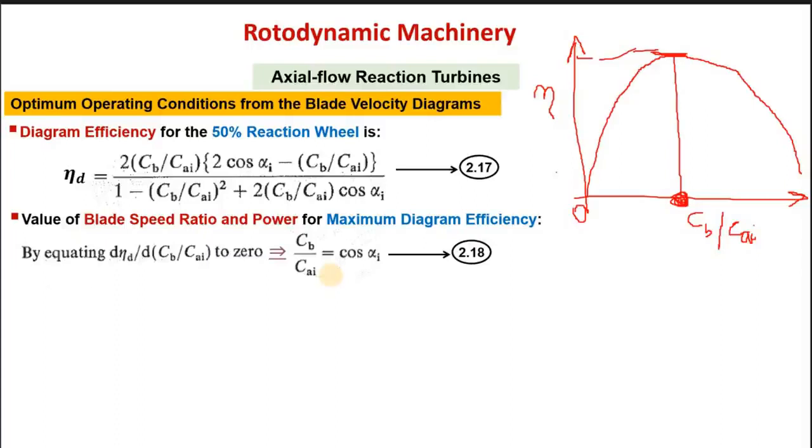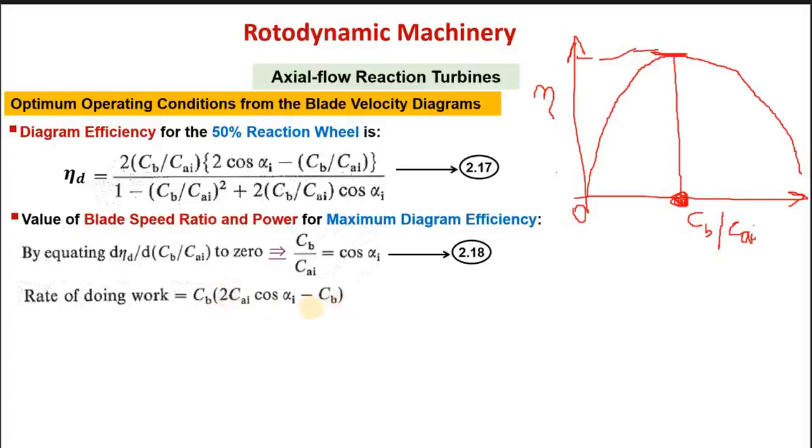So now let's move on. Now we can calculate the optimum power corresponding to this point, or maximum power which we can get. So this is the equation which was derived for 50% reaction turbine, CB into delta CW, and this was delta CW equal to 2 CAI cos alpha I minus CB.